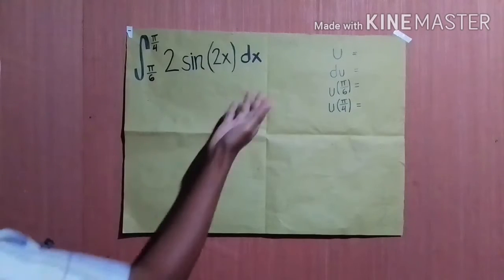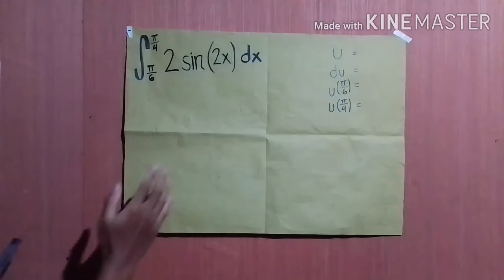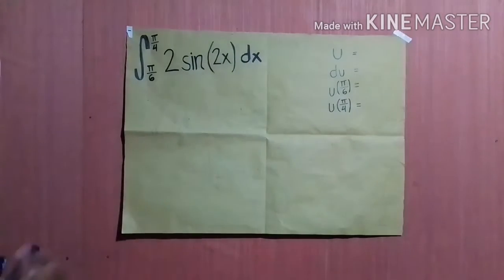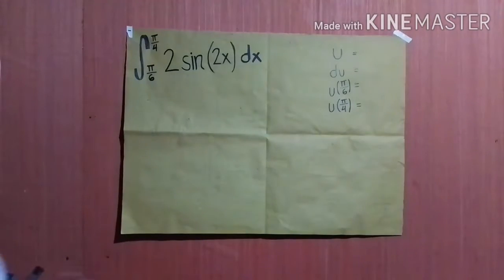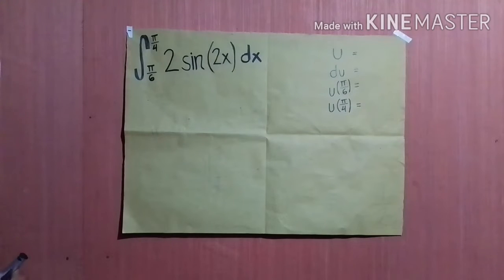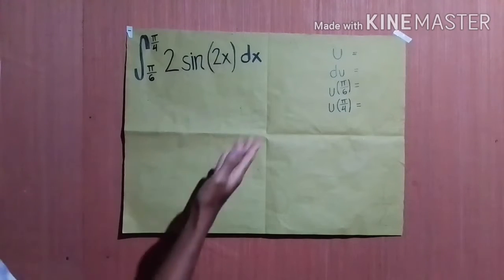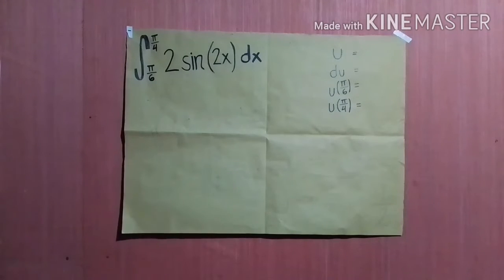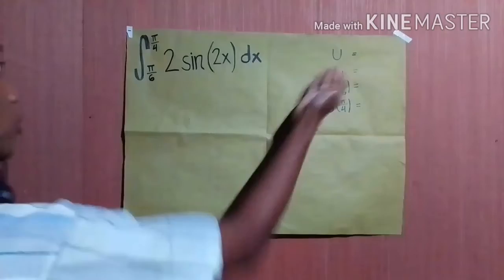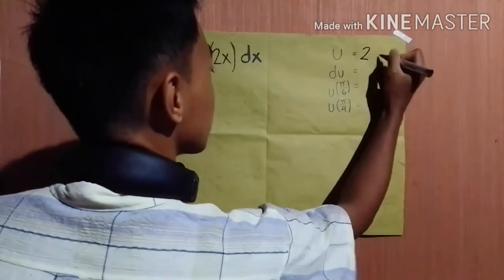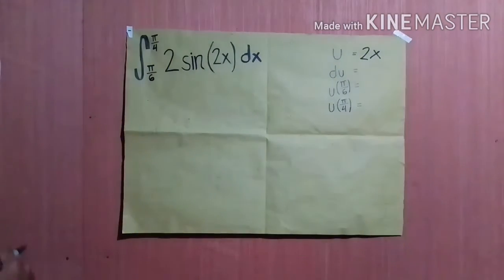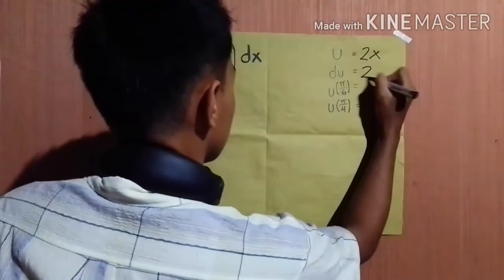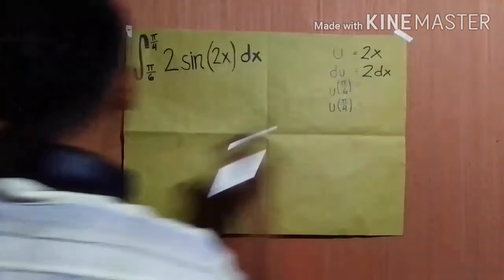For example, in this problem, just remember the whole integration process. What we did is to evaluate the du and dx. So take the derivative and multiply by dx on both sides. For our u is 2x, and for our du is 2 dx.